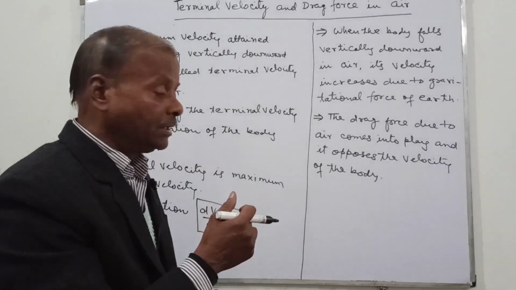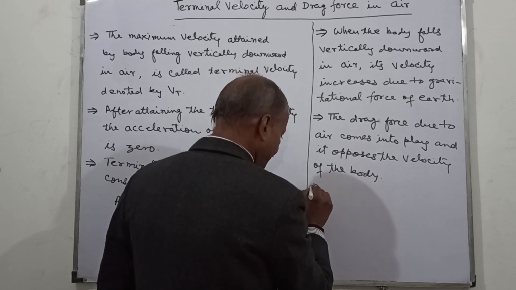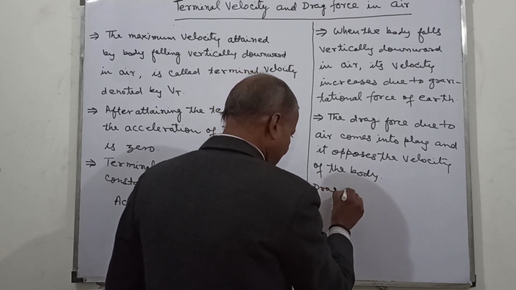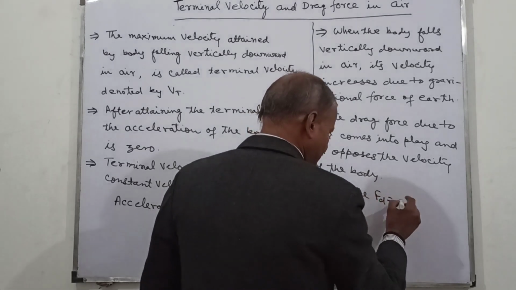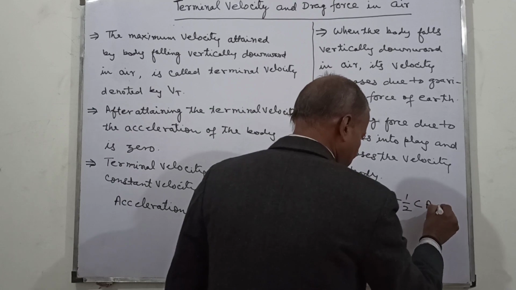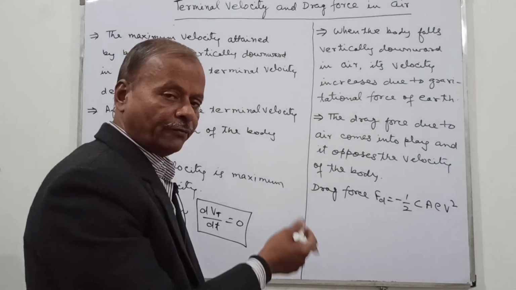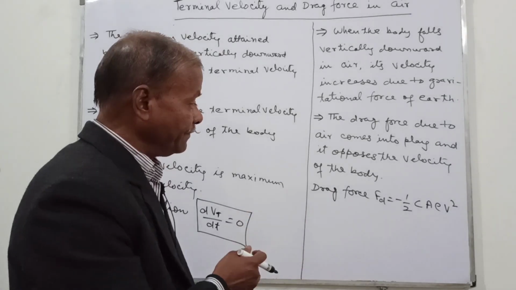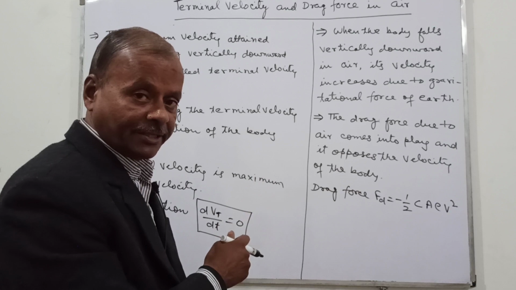Now I tell you about this drag force, FD. FD is equal to minus 1 by 2 C A rho V square. This is the formula of the drag force. This minus sign shows that FD is always opposite to the velocity.